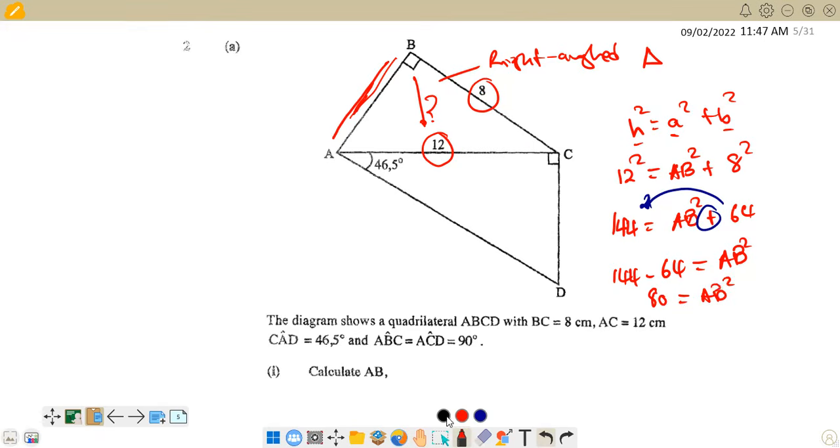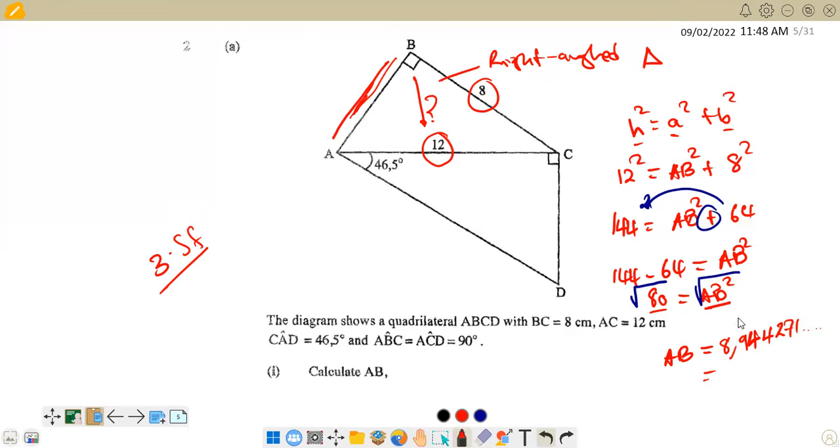All right, introduce your square root to remove the square, the square root on both sides. So we've got our AB now. AB is equal to the square root of 80 in surd form, or we can simplify this, which gives us something like 8.944271, something like that. So you can round off. Remember the degree of accuracy that you are given; whenever it is not specified, use 3 significant figures if you are working with sides, and 1 decimal place if you are working with angles.